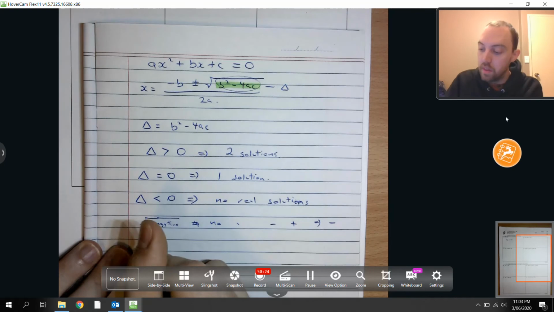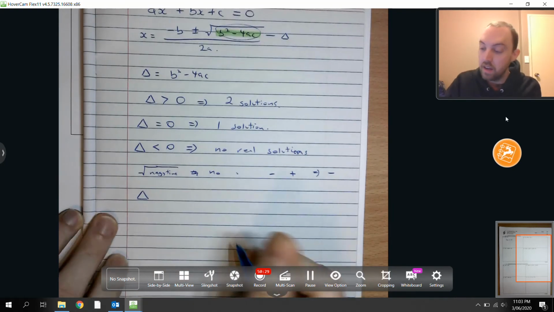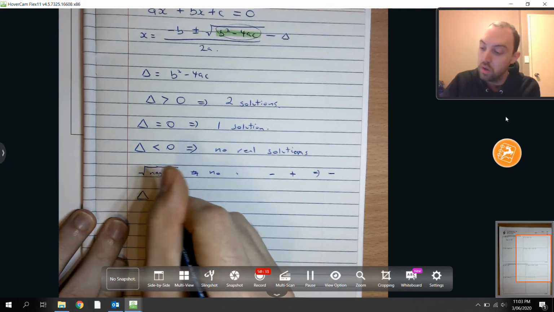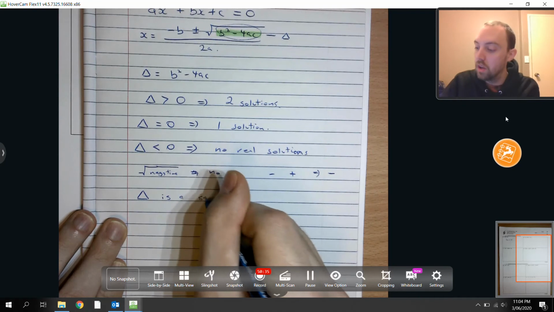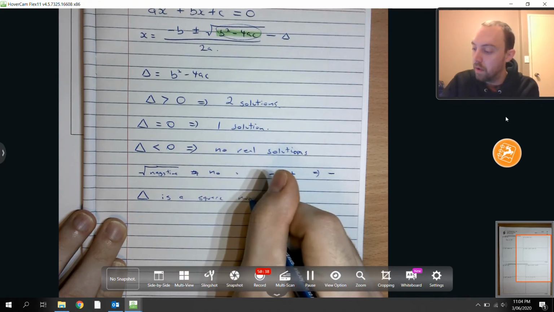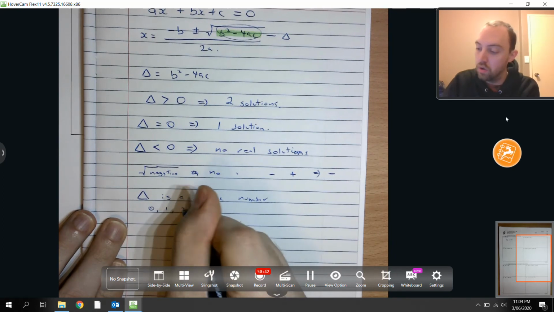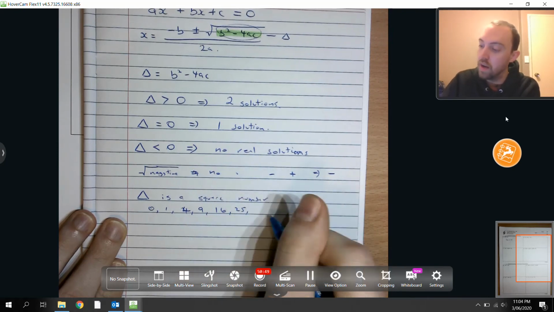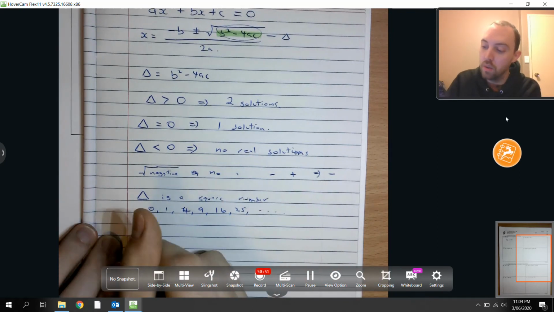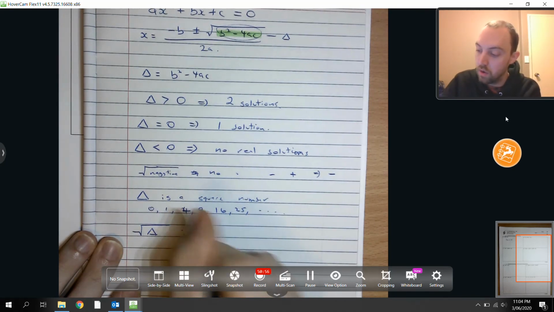Now, the best thing about the discriminant, I think, is that if your discriminant is a square number, so something like 1, 4, 9, 16, 25, etc. Or another way to say this, that the square root of your discriminant is rational.